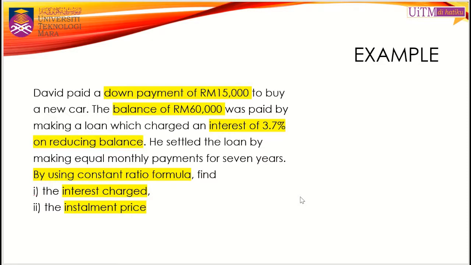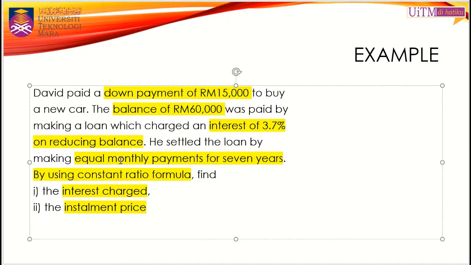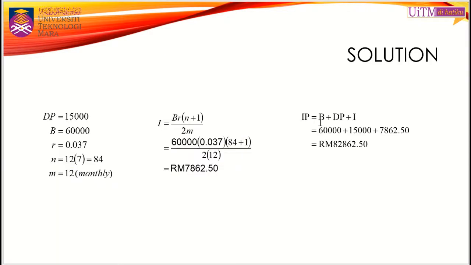If you look again here, it says equal monthly payment for 7 years. So that means payment is on a monthly basis, M is equal to 12, and then for 7 years, that means T is equal to 7. So 12 times 7, you get 84. M here is equal to 12 because it is in the form of monthly basis.